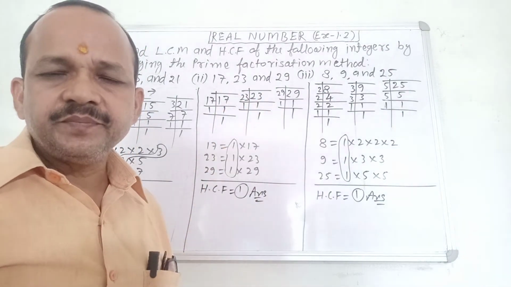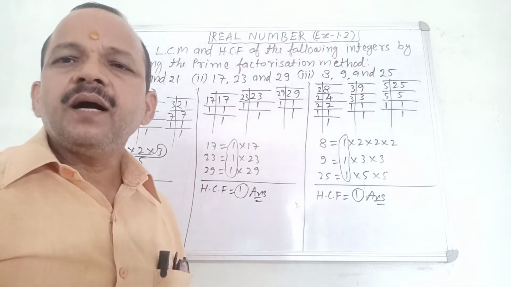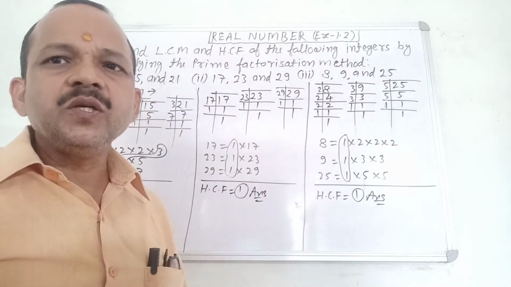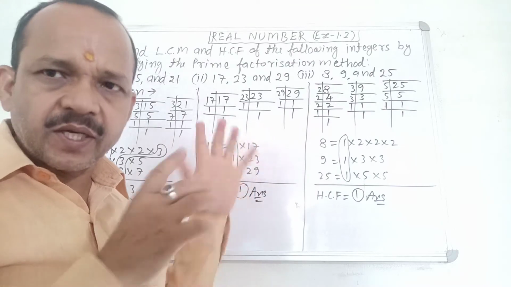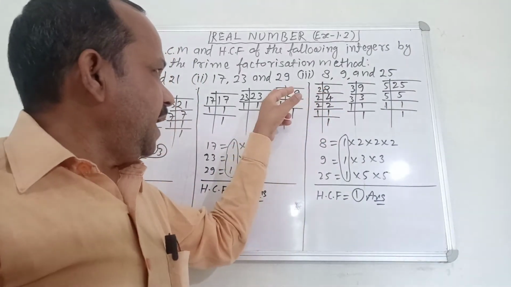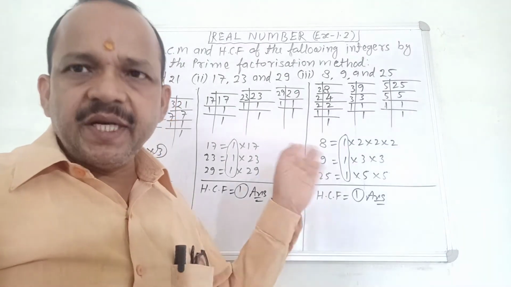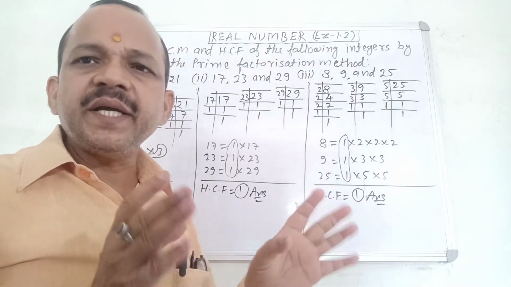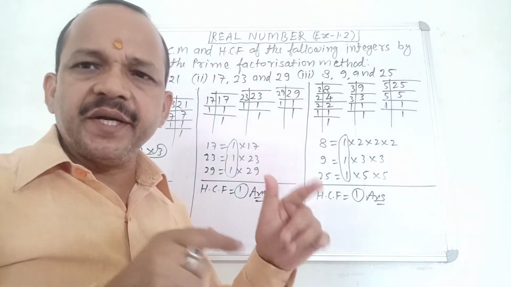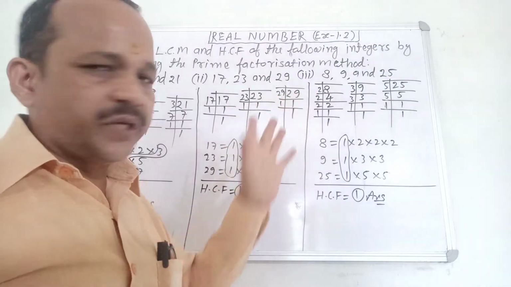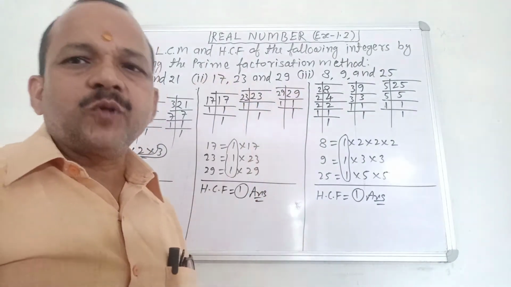You find 1. 23 is a prime number, so you cannot divide it by any other number. You can divide only by itself. Divide 29 by 29. 29 is a prime number, so you can divide it only by 29.